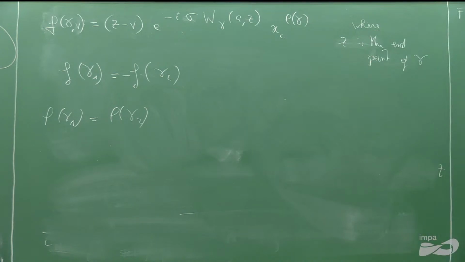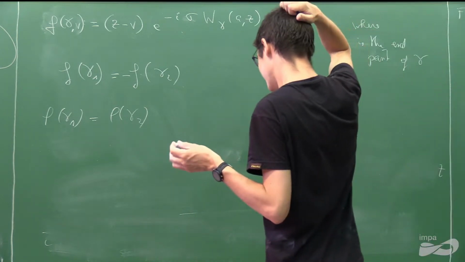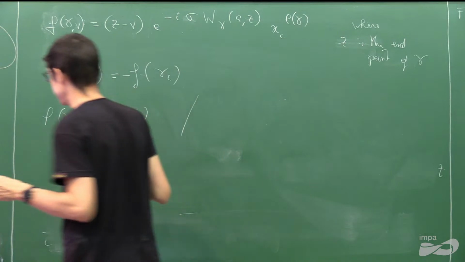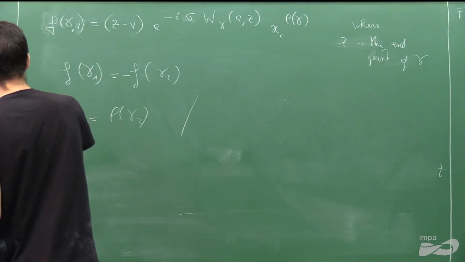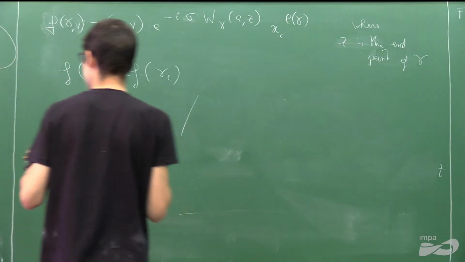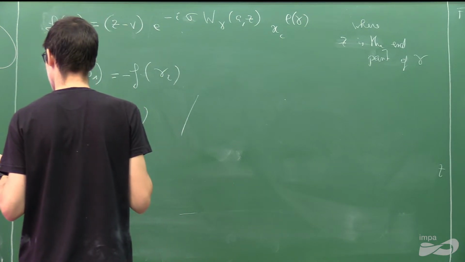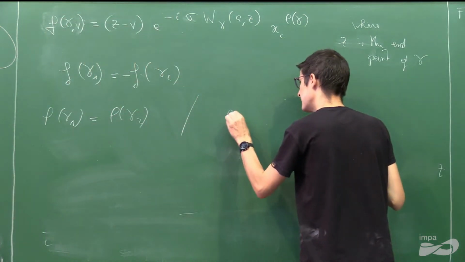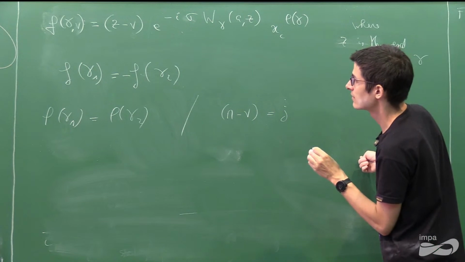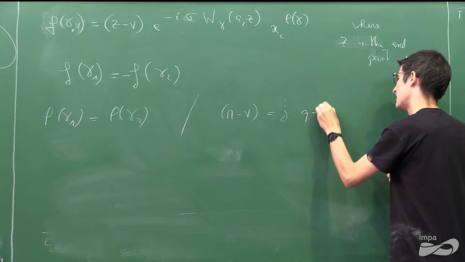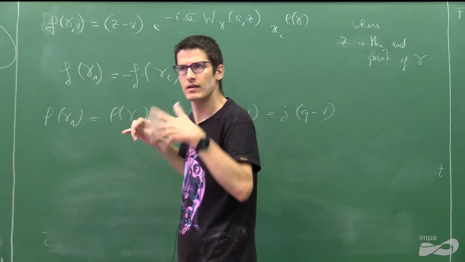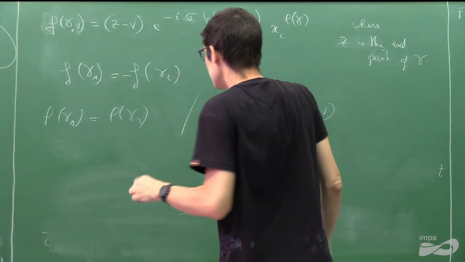Now you have to look at the winding numbers. Maybe another thing I can say first is that R minus v is equal to j times Q minus v, so you get this factor j between them. Now the winding numbers.